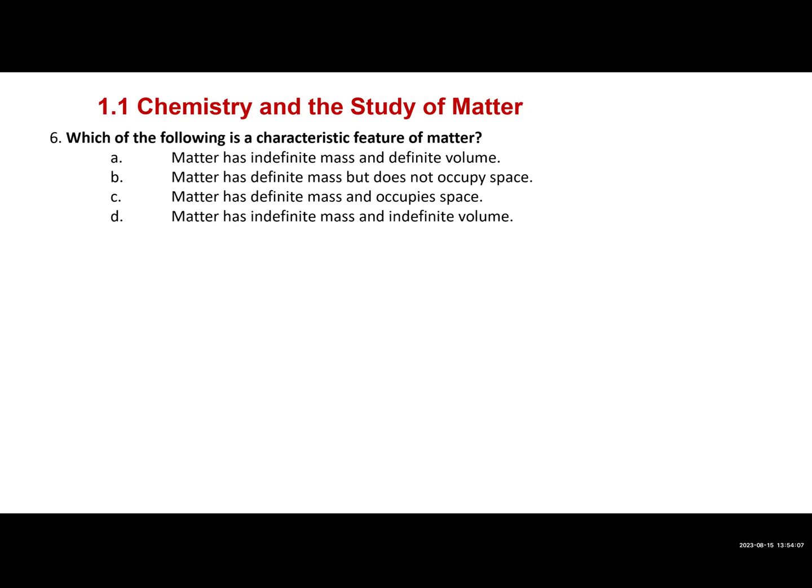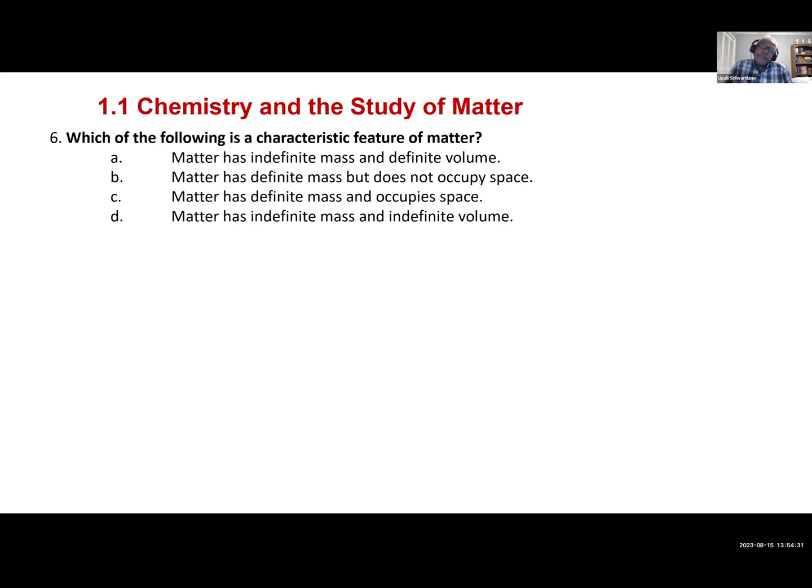Is it B? I'm not sure. I can barely see them. I gotta scroll in. What exactly is the B statement about? Matter has definite mass, but there's no space. Right. Is it true or false?